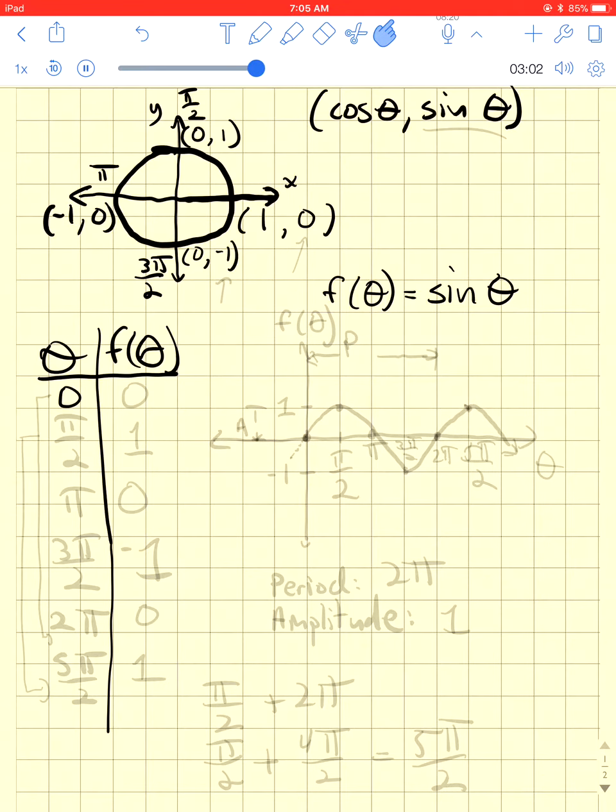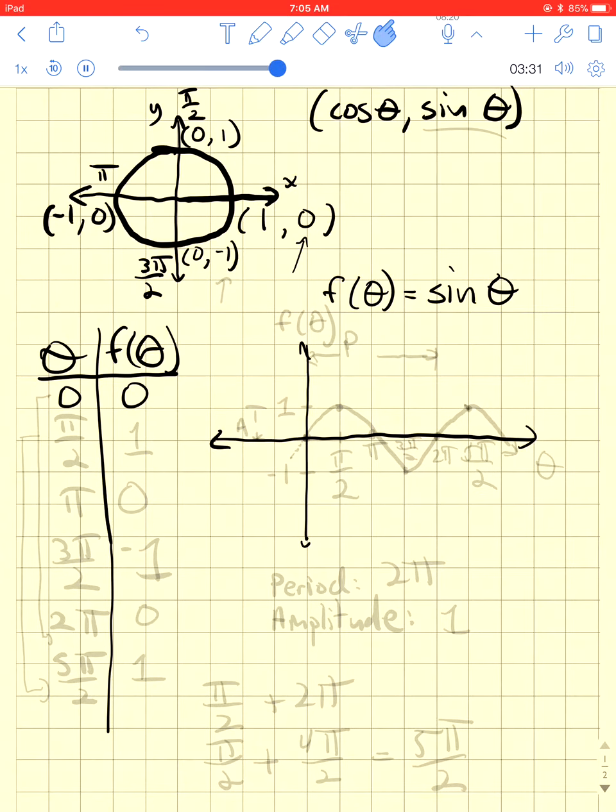And so when theta is 0, we're here, because f of theta is also 0. But there are some other points that we know because of this unit circle, and another one is pi over 2. So when theta is pi over 2, let's say we call this pi over 2.